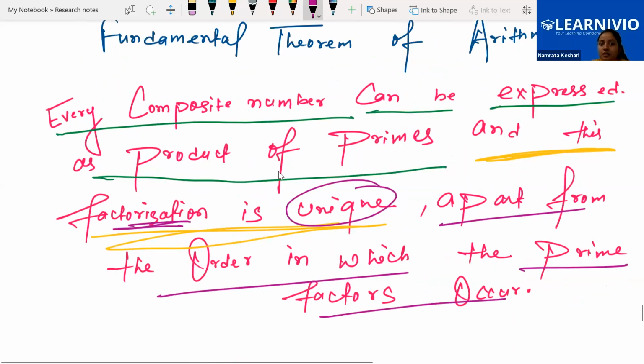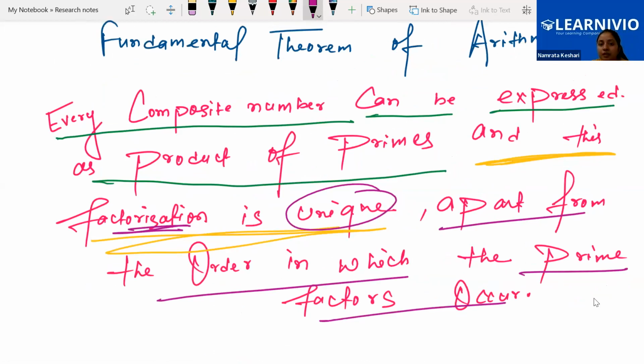When you read this theorem in one go from your NCERT, every composite number can be expressed as a product of prime numbers, and this factorization is unique apart from the order in which the prime factors occur, it will just go over our heads, and nobody will be able to understand in detail what exactly this theorem says. This is how in your book everywhere in mathematics the theorem, the concept is explained.